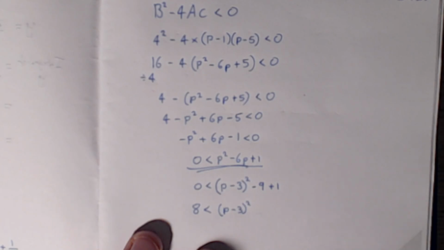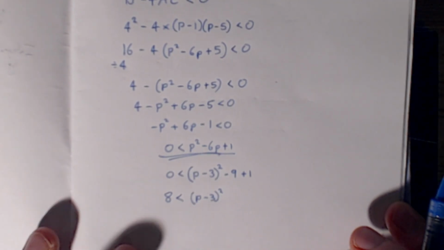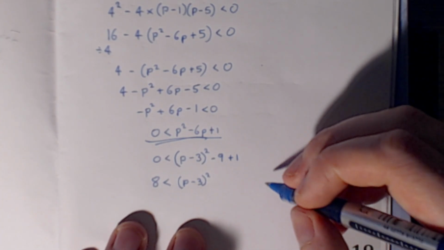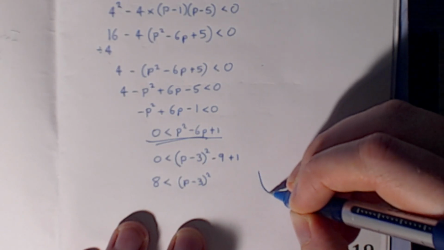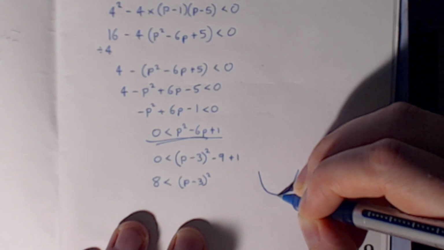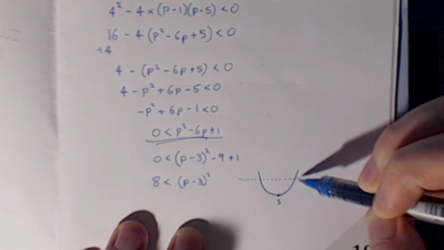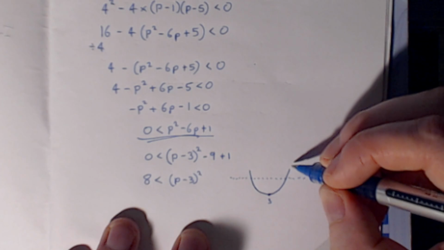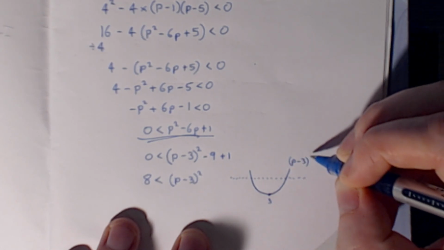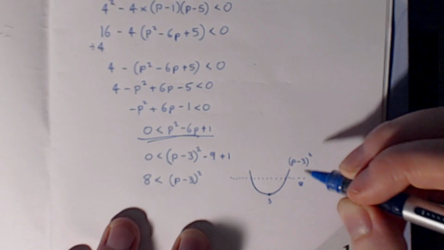We'll take a square root of this, and this is going to give us that weird kind of inequality. We could think of this as a quadratic graph, for example. (p minus 3) squared is going to be a quadratic graph that looks like that, with a root at 3. This is our (p minus 3) squared line, and this is our 8.